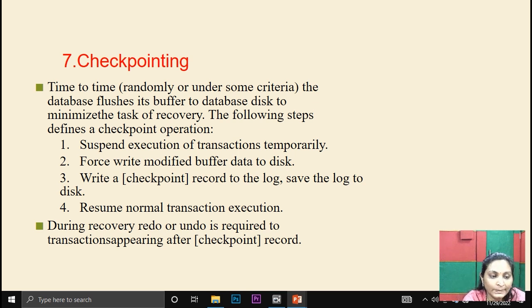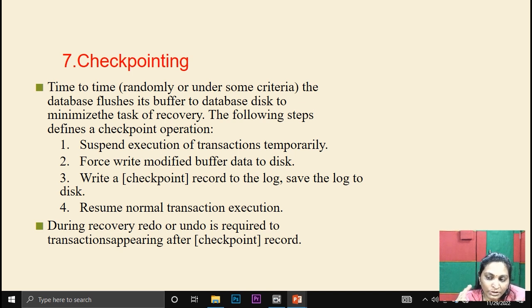What is the checkpoint operation? First, suspend execution of transactions temporarily. We can stop the execution temporarily. That is the first step of the checkpoint operation. Next, force-write the modified buffer data to the disk.